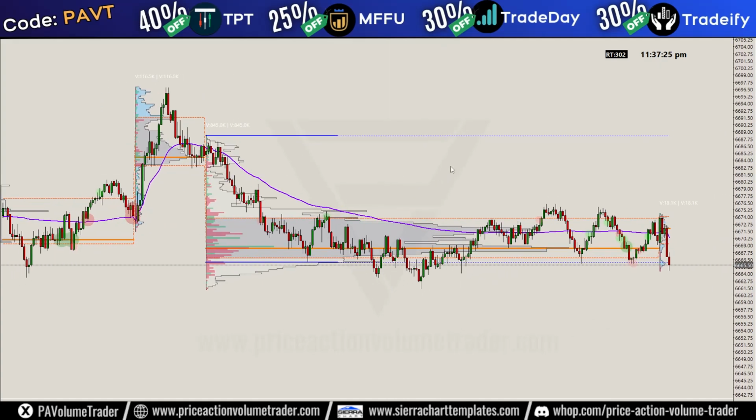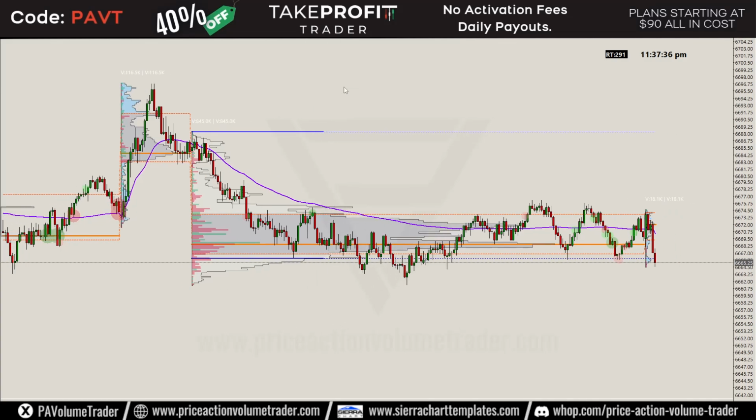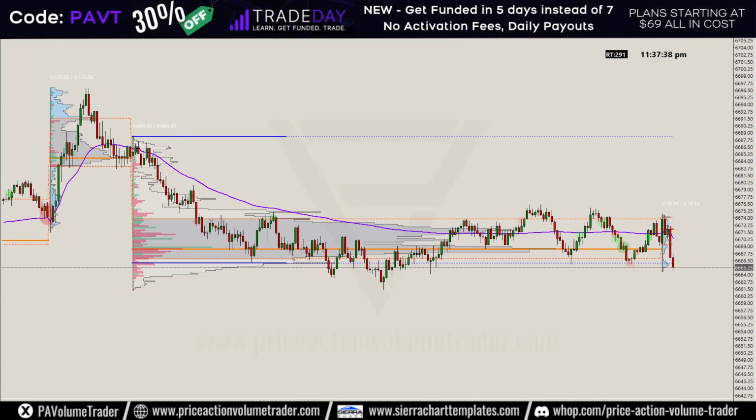So now we go into my charts. This is a 3,000 tick chart on the ES market. And as you can see, I have the two sessions highlighted here.